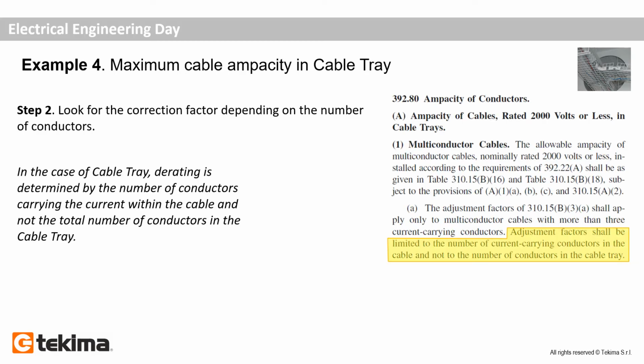According to the NFPA 70, the adjustment factor will be limited to the number of current carrying conductors in the cable and not the number of conductors in the cable tray.